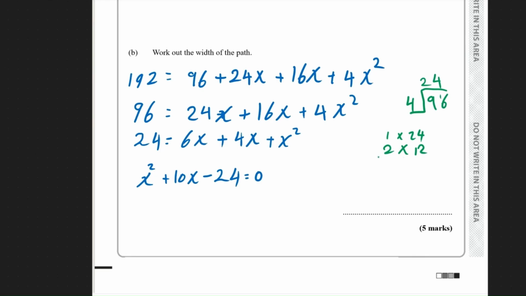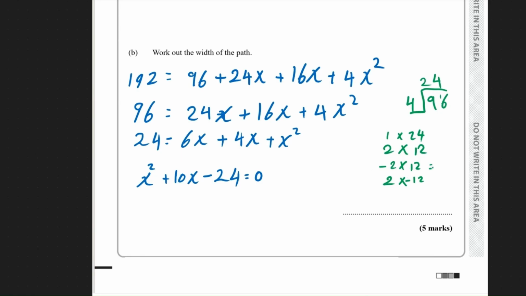If taken away, it becomes 10, which could meet the middle number here, 10x. So let's have a go. But 2 times 12 here is plus 24, while we have minus 24 here. So what should we do? There are two options: either minus 2 times 12 or minus 12 times 2. Which one should we do?